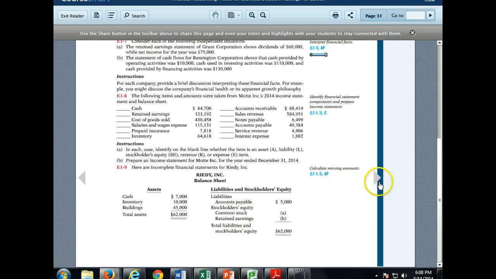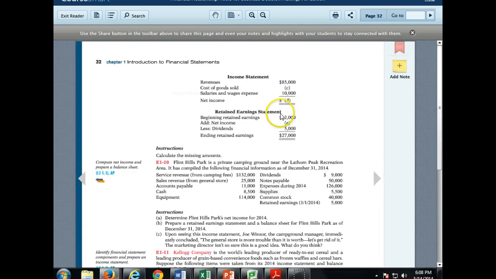So the way we can figure out what our net income should be is by filling in the retained earnings section. You see the beginning retained earnings was $12,000. The ending retained earnings is $27,000. It shows that we paid out dividends.